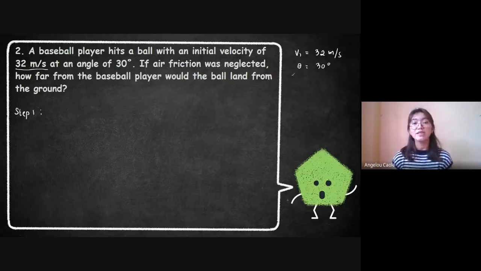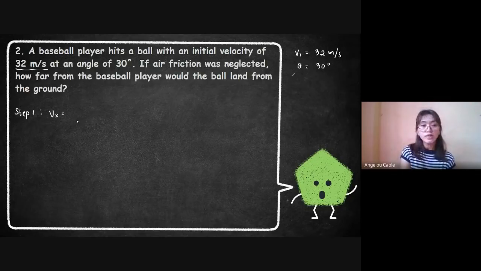Okay, since we are given initial velocity and we don't know its x and y component, we have first to compute the x component of that velocity. So our formula is Vx is equal to V cosine theta or Vi cosine theta.